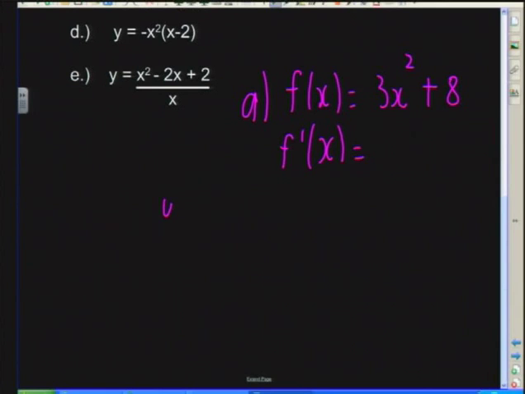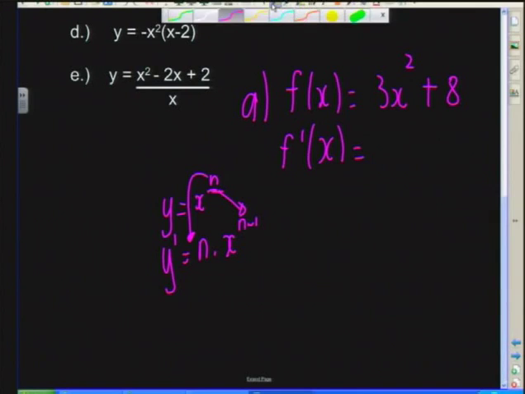Remember, if y is equal to x to the power of n, then the derivative is equal to n times x to the power n minus 1. You see what we did? We subtracted 1 from the power, and we also brought the power to the front and multiplied by x. And if there was a coefficient, we would have multiplied by the coefficient.